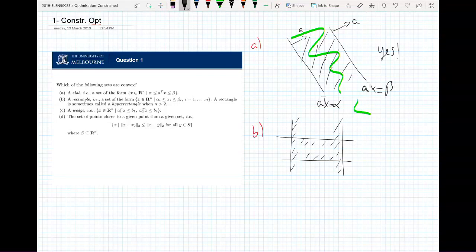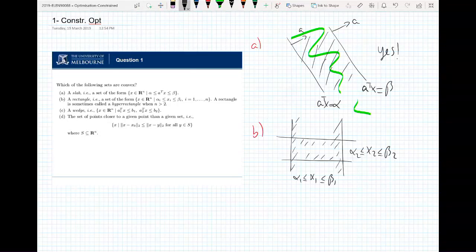Intersection of 4 half spaces, because x_i is less than or equal to beta_i, and alpha in each dimension: alpha 1 is less than or equal to x1, less than or equal to beta 1. In this dimension, alpha 2 is less than or equal to x2, less than or equal to beta 2. And then you can imagine it goes to n dimensions, and they are all intersections. When all these things intersect, each of them is again a slab in 1 dimension, and the intersection of these convex slabs is again convex.